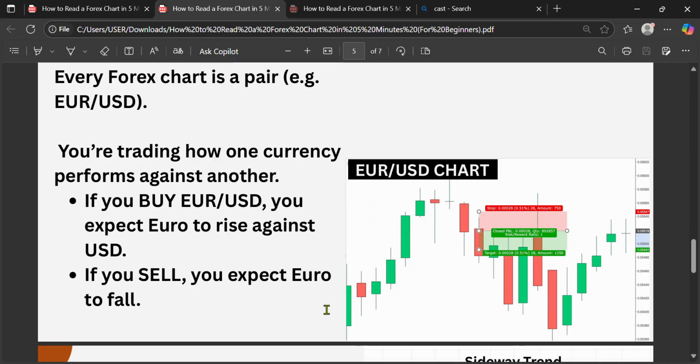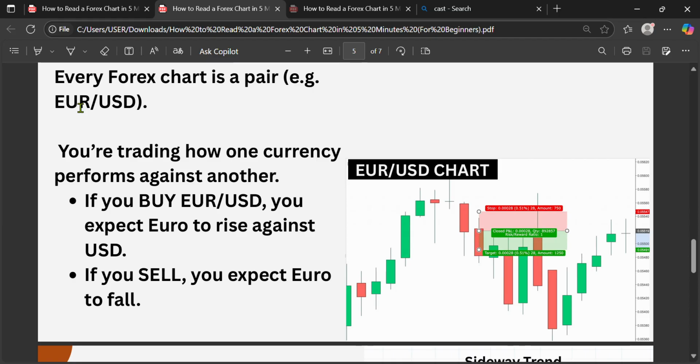Now, when you have a currency pair like this, you have euro, you have USD. When you're expecting euro to rise, you will use the dollar that you have to buy the euro, because after your analysis, you are expecting euro to rise, and so you buy more of euro.